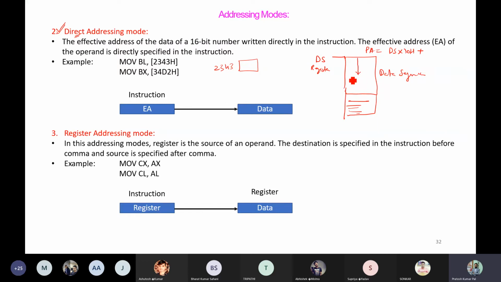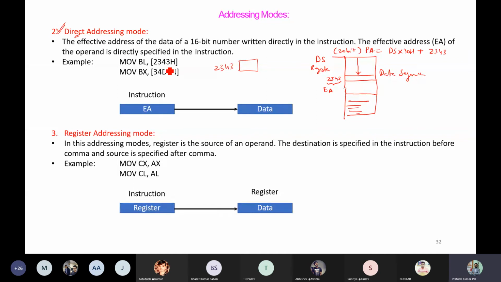The physical address will be in the form of 20 bits, but 2343 is 16-bit. So the 20-bit address will be found by the data segment register multiplied by 10h plus this 2343. This will be the physical address. Here what is written is the offset address.